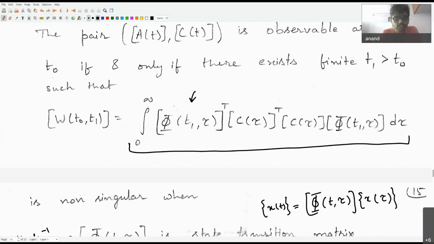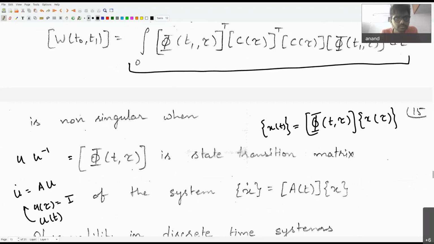Yes. So that phi matrix is a product of u and u inverse. Sir, won't it be just an identity matrix? No. So this is the value of u at time t. You're solving this differential equation by giving an initial condition of it being an identity matrix.